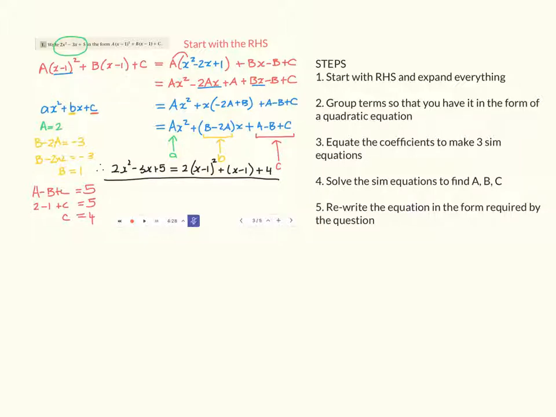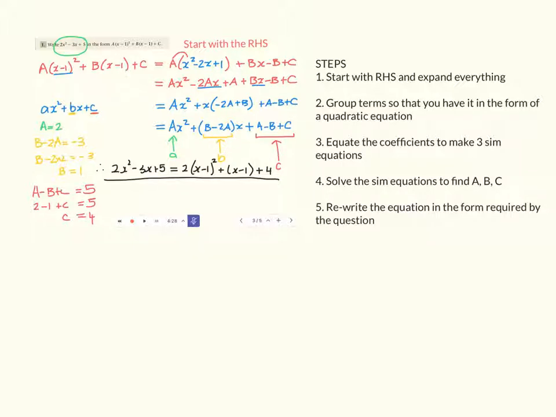Then what we did is we equated the coefficients to make 3 simultaneous equations. What that means is that we took the coefficient of our initial equation and let that equal our big A in our expanded equation. We took the coefficient here, the negative 3, and we let that equal our coefficient of the x.